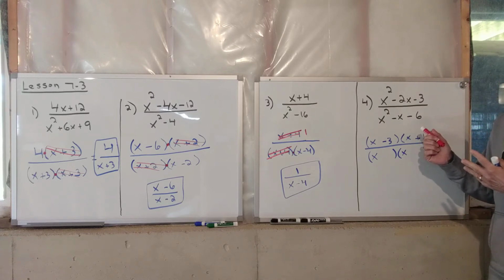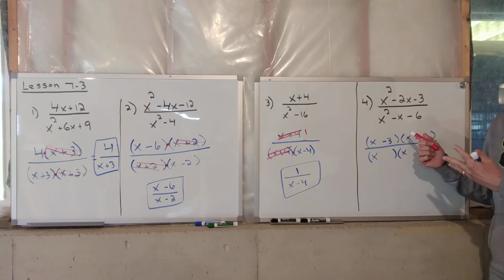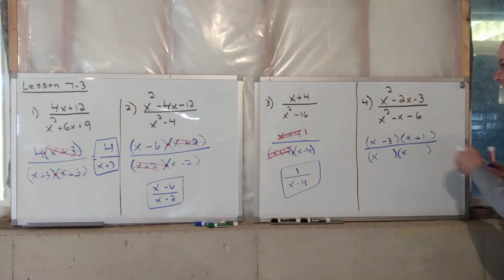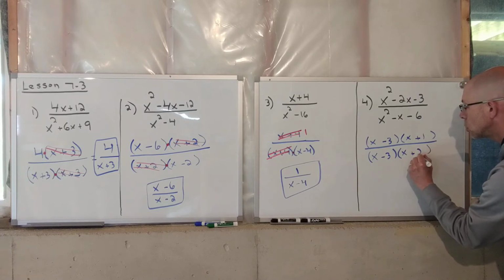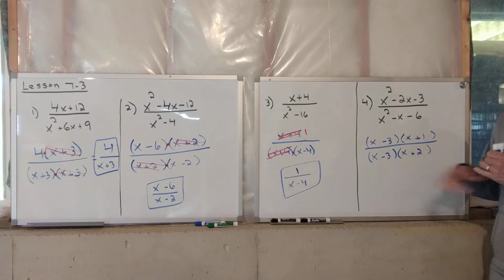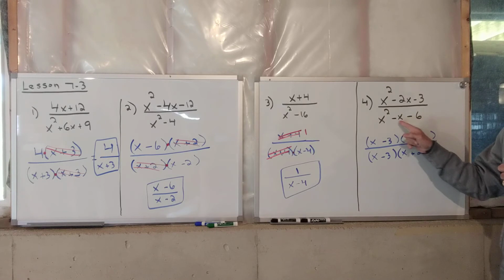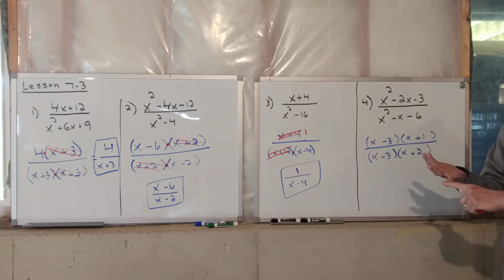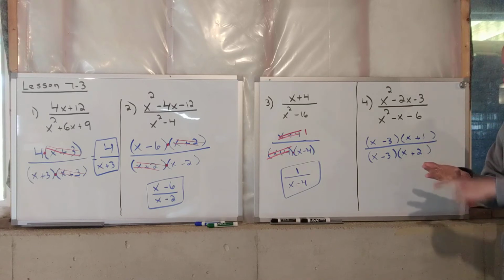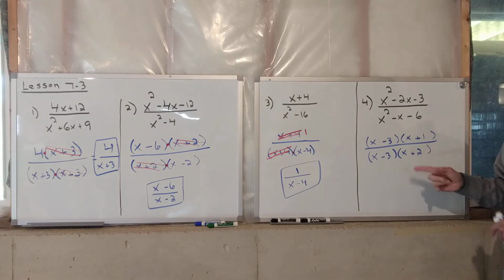Just don't forget that if it doesn't work, 6 times 1 is an option. This one's going to be -3 plus 2. It can't be +3 minus 2, or this middle part won't work out. Check. If you distribute this back together, you will get x squared minus 1x minus 6.